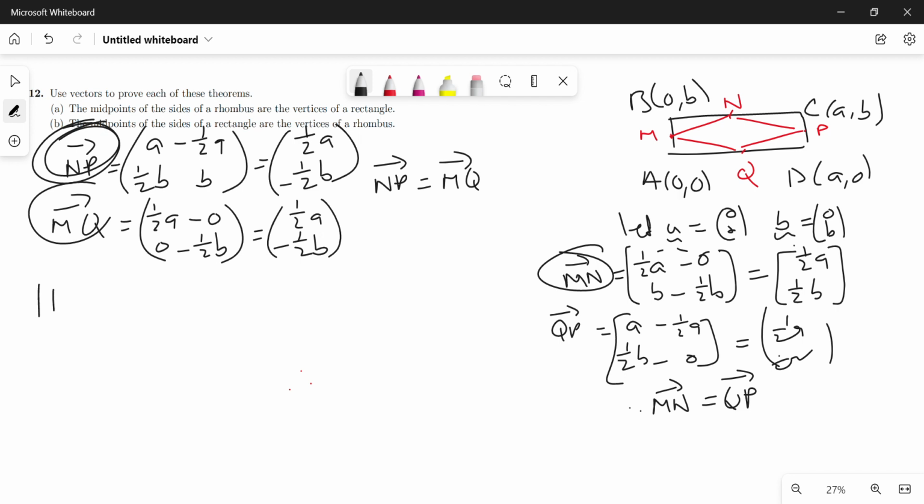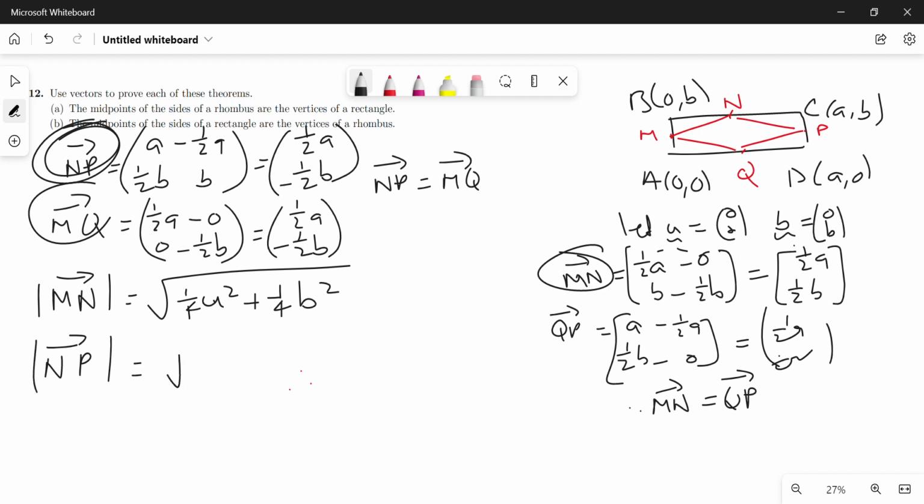So let's find MN's length, which would be the square root of a half a squared, which makes a quarter a squared plus a quarter b squared. And if I take NP and find the length there, I've also got a quarter a squared plus a quarter b squared.